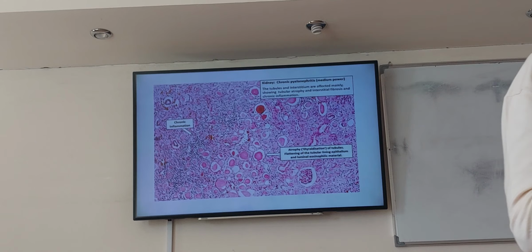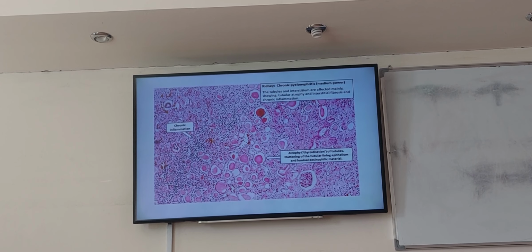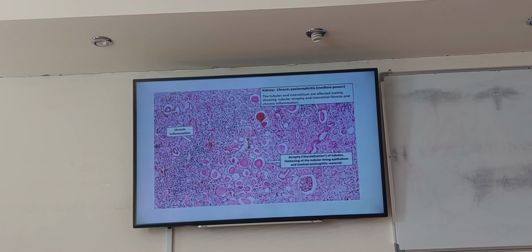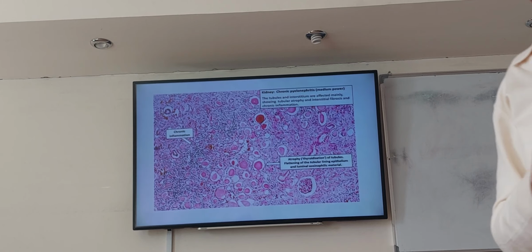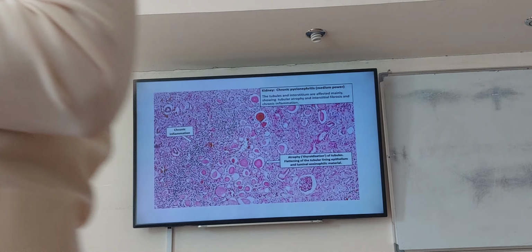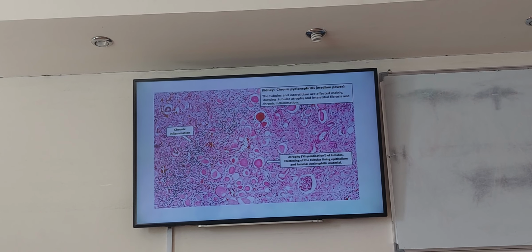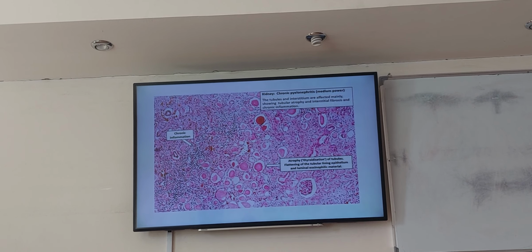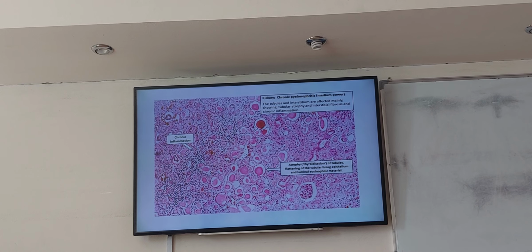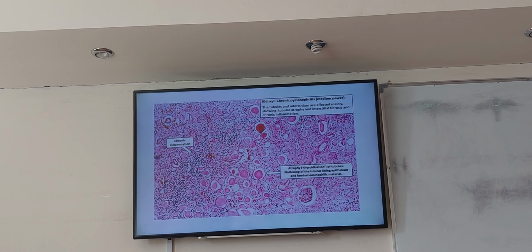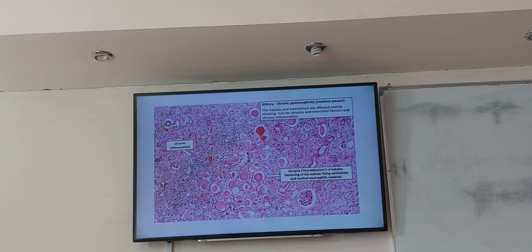Again, this is important. How do I see chronic inflammation, architecture, how can it be? Number one, interstitial or diffuse. Number two, polyps. Number three, granuloma, epithelioid and foreign body type. This is important.